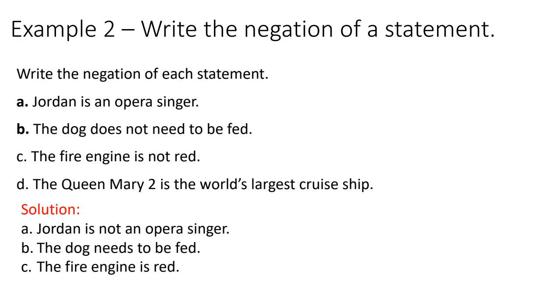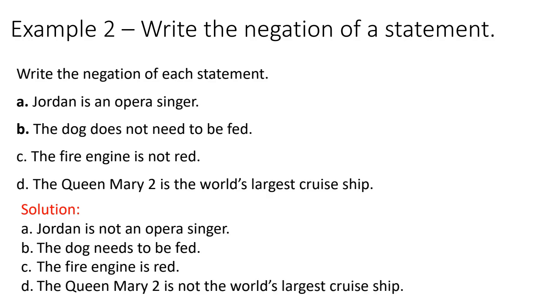The negation would be the opposite, that it's not the world's largest cruise ship. So the Queen Mary II is not the world's largest cruise ship. So these are examples of how to write the negation when a sentence has already been given. You just write the opposite. You create the opposite of what the statement is saying.